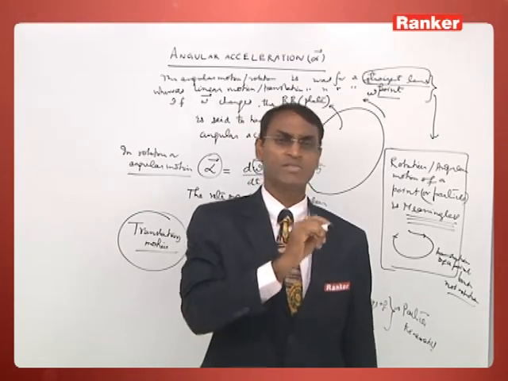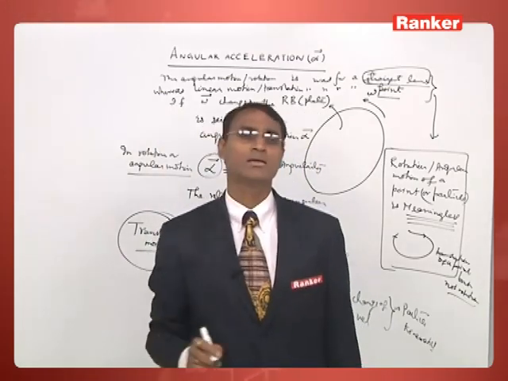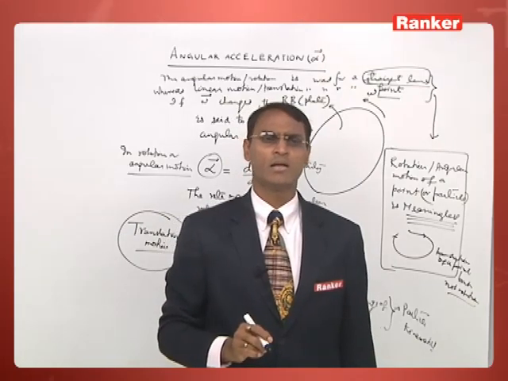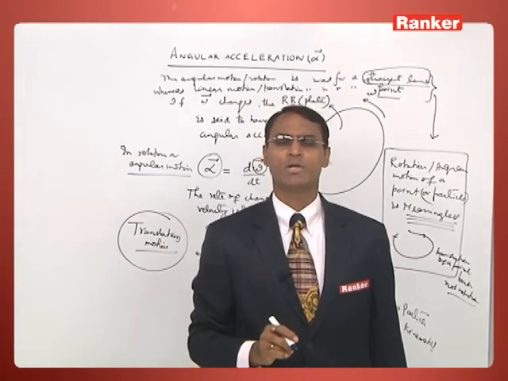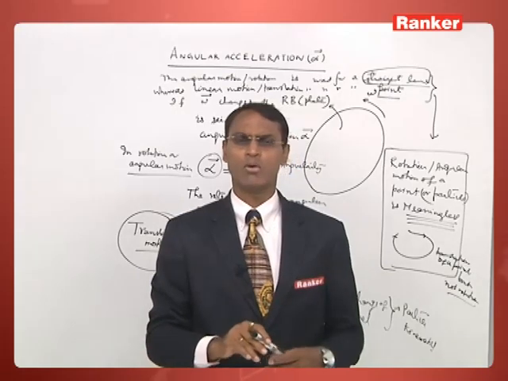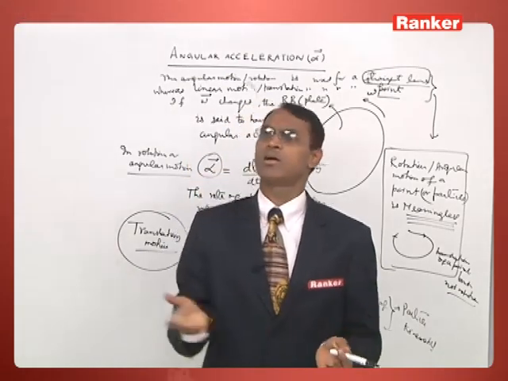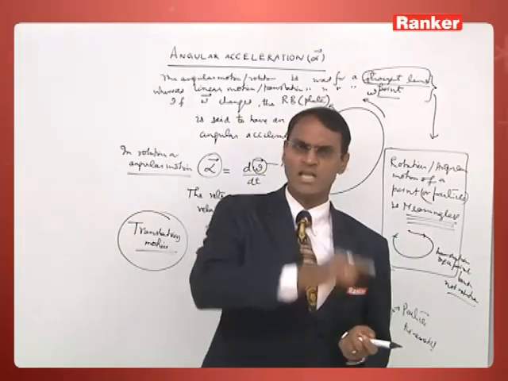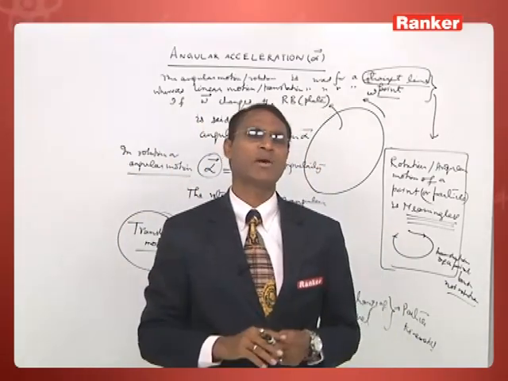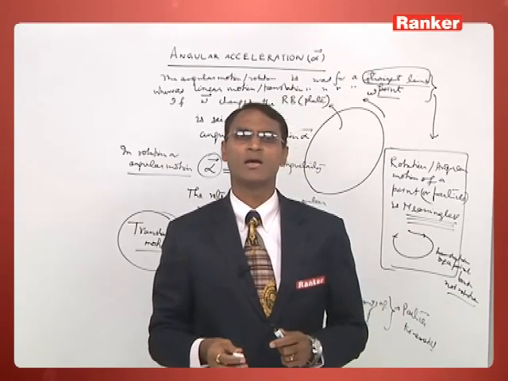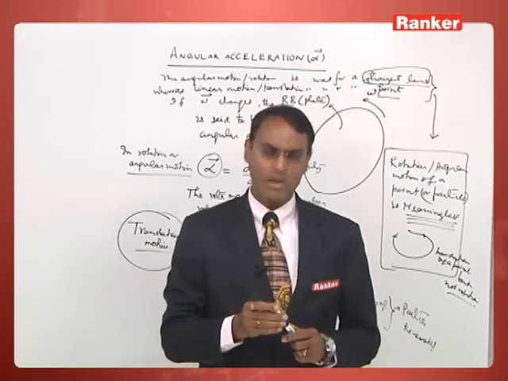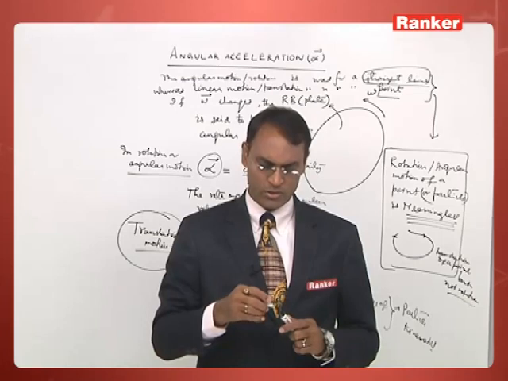When the point moves in a parabola, it is called parabolic motion. When I throw an object, it traces a curve, that's a parabola. This is called parabolic motion or projectile motion.